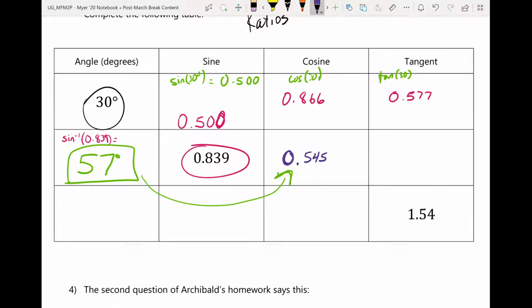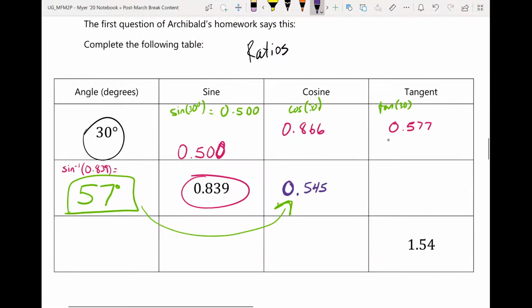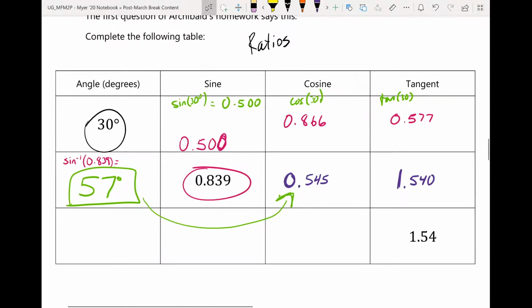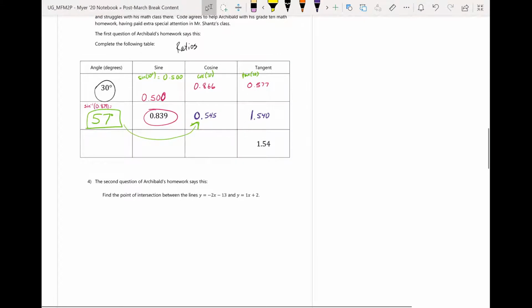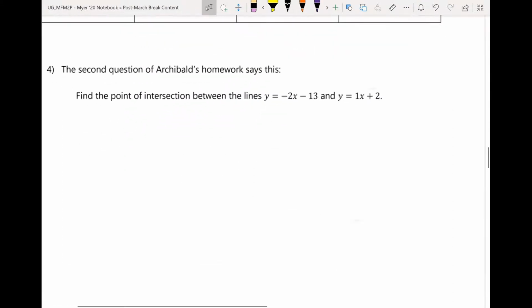The tangent, I'm just gonna look on a paper, one sec. 1.540. Very good. Awesome. And again, you rounded it off to the right number, which is perfect. All right. Yeah, I'll leave the last one there because I think you guys know how to probably go like that.